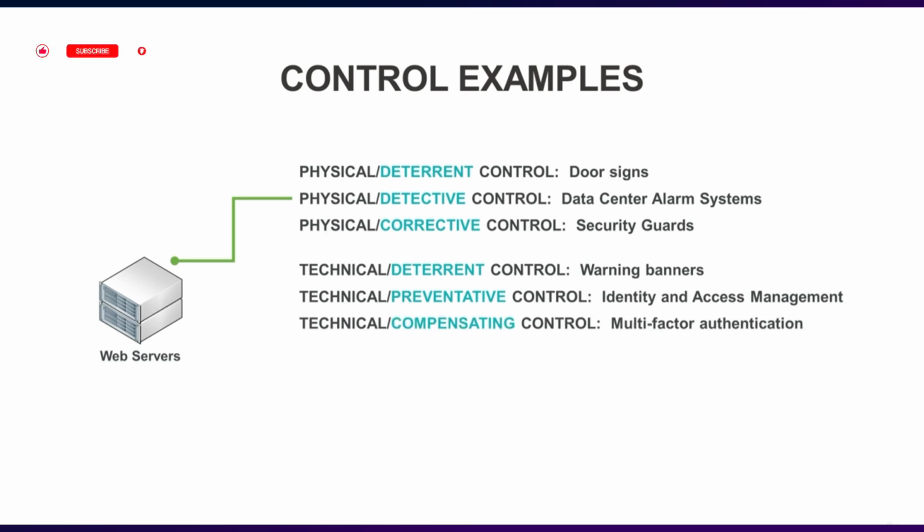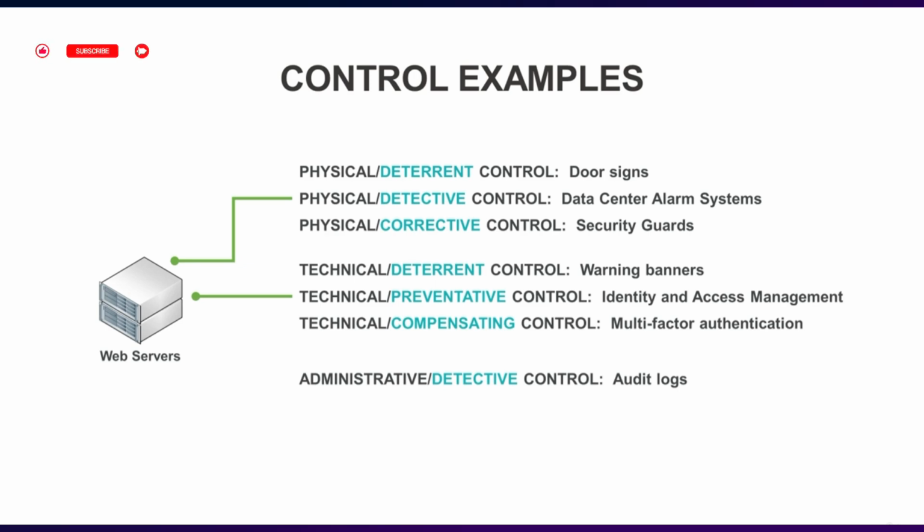Then at the administrative level, maybe we want to detect how many people are trying to get into the web server every single day, or what people are doing on the web server. Maybe we want to try to detect violations. That would be our administrative detective control, which would be audit log review, and that can also be considered a technical detective control.